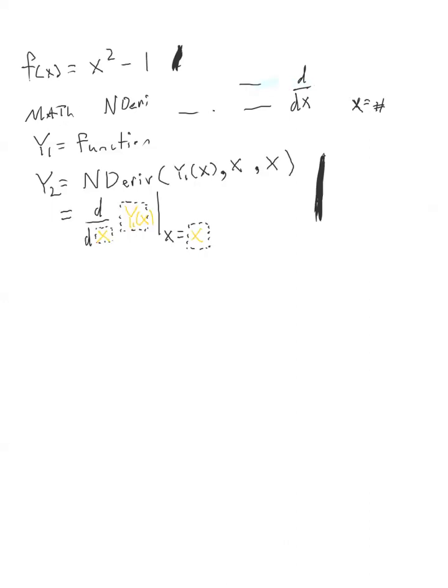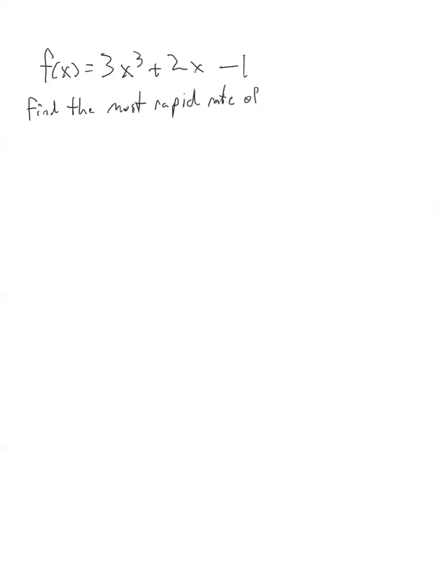I can tell you to find the maximum value of a function, but what if I told you f of x is equal to 3x cubed plus 2x minus 1, and I said find the most rapid rate of change, or where the function is increasing most rapidly. That second option is where you're going to see it worded the most.